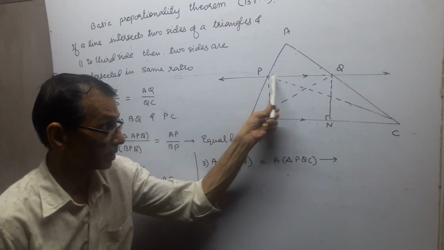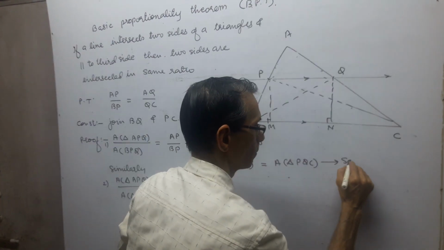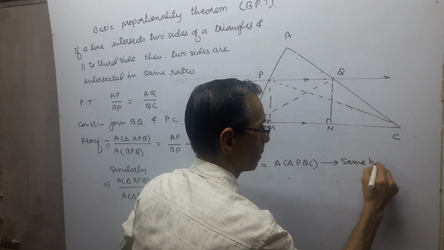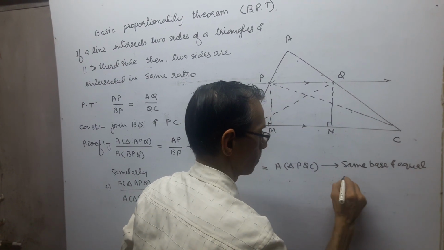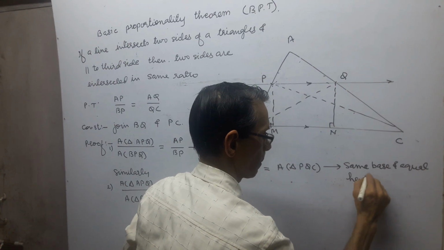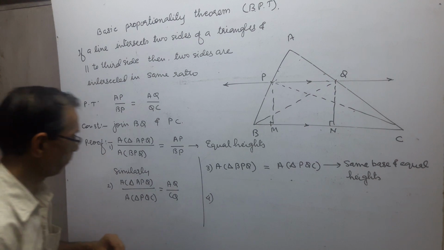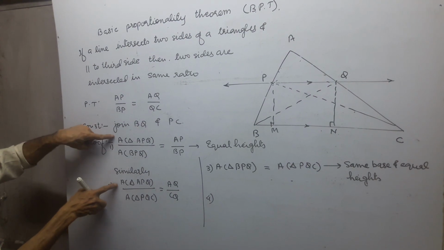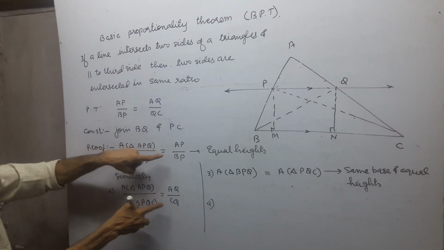Because same base and equal heights. So you will find that the numerator is the same, the denominator is equal, and therefore this is equal.